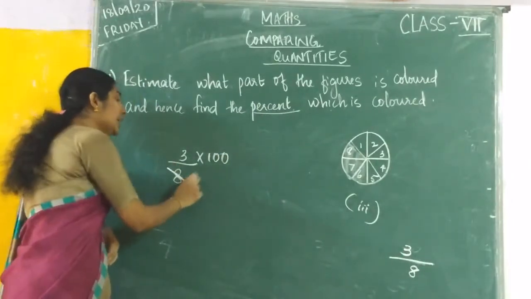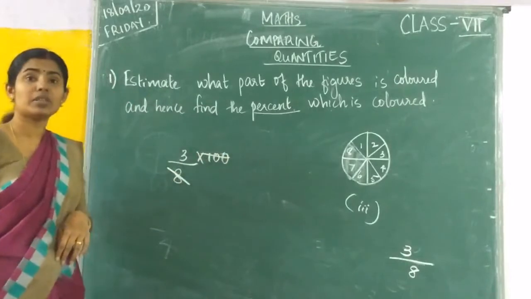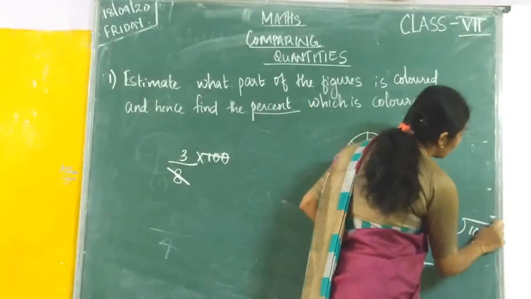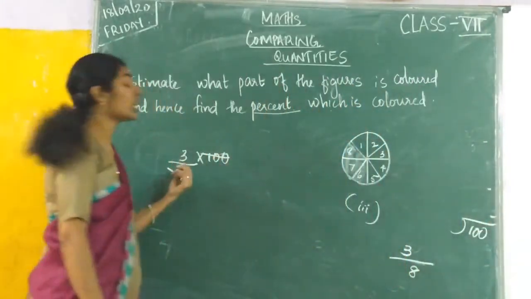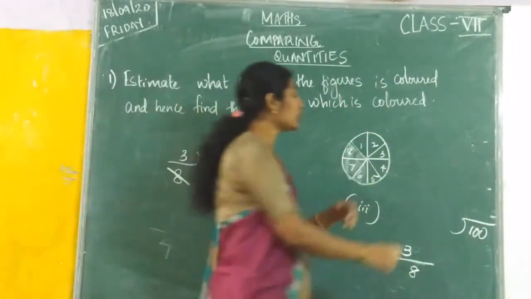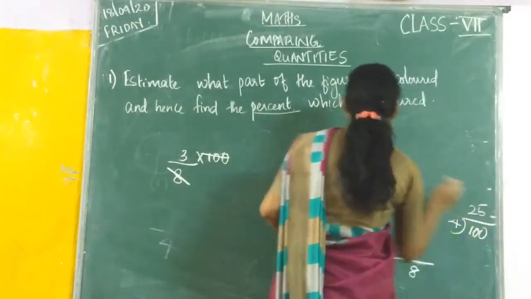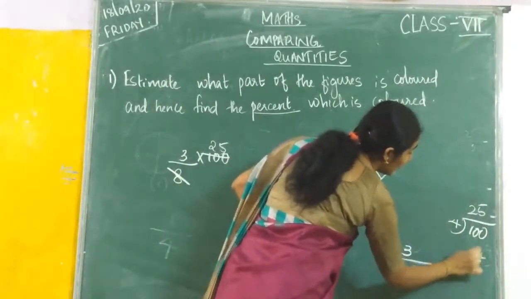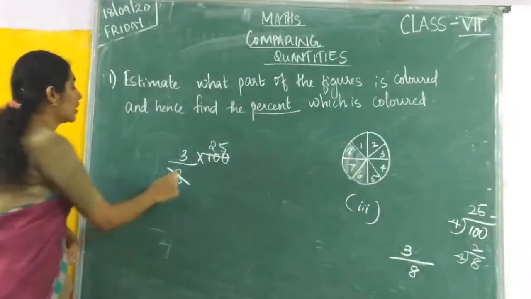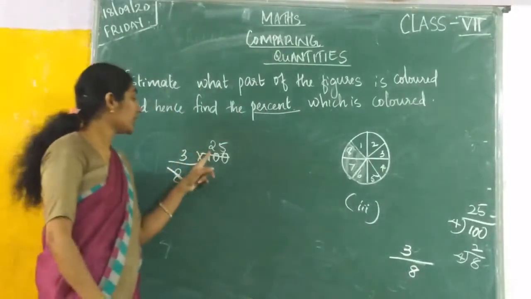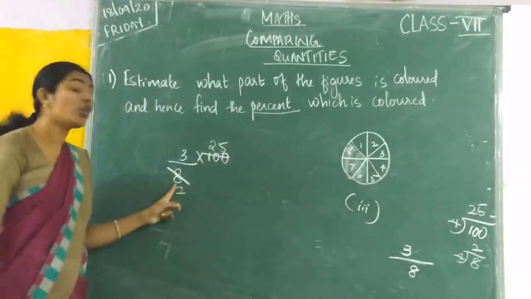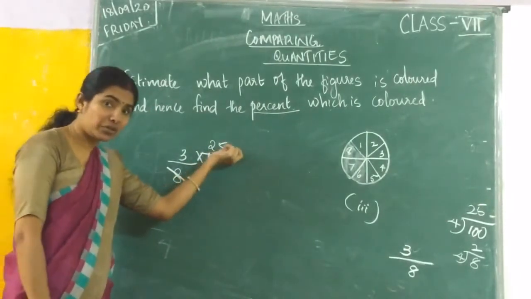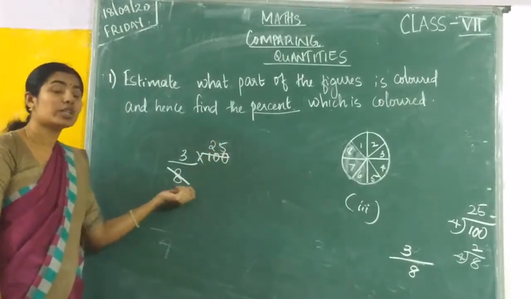Now 8 and 100 are both in the 4 table, isn't it? 100 when you divide by 4 you will get 25. 8 when you divide by 4 you will get 2. 25 fours are 100, 4 twos are 8.